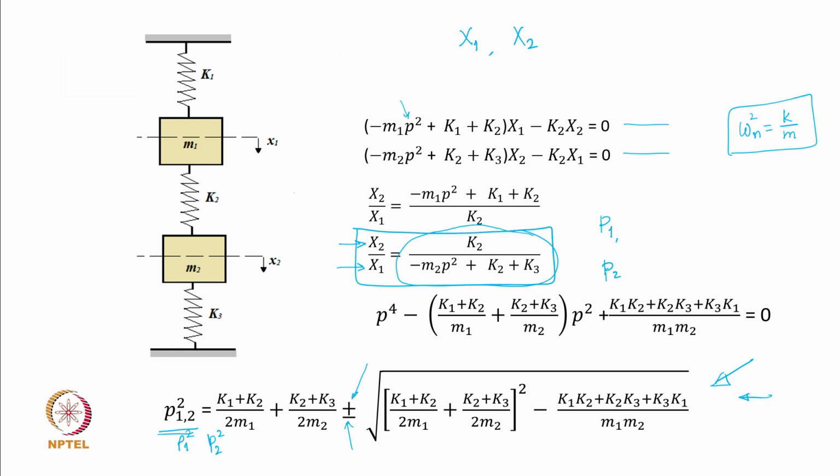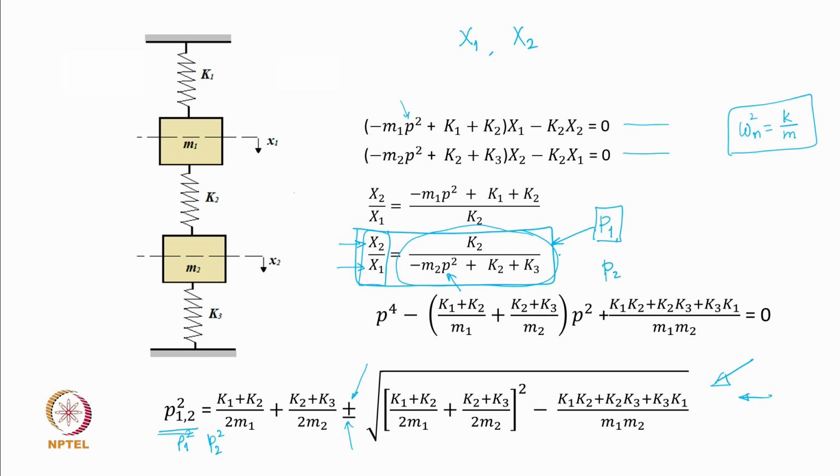Of course, if you substitute for P1 in this equation, you will get one number, and if you substitute P2, you will get another number. If you maintain the number obtained by substituting P1, this amplitude ratio is maintained based on this value obtained by substituting for P1. That ratio, if you maintain, the system will execute harmonic motion at a frequency of P1.